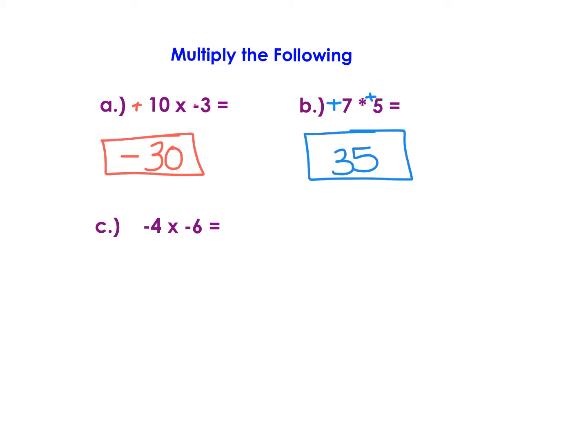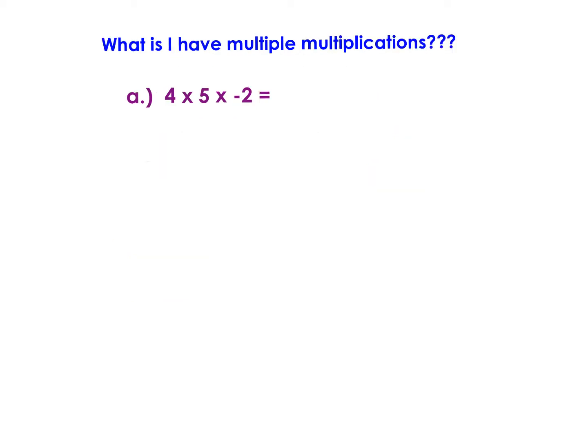Then if I look down at negative 4 times negative 6, I know this is looking at 4 groups of 6, which is 24. And then because I have a negative times a negative, two negative numbers, my result is a positive. So the next thing we're going to look at is what do we do when we have multiple multiplications?